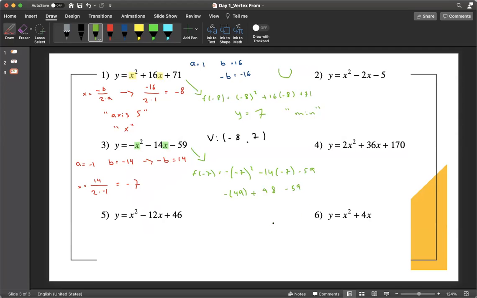And if we combine all of these, a negative 49 plus 98 minus 59, our answer is going to be a negative 10. So this is going to be our y value, which puts our vertex at a negative 7, comma negative 10.